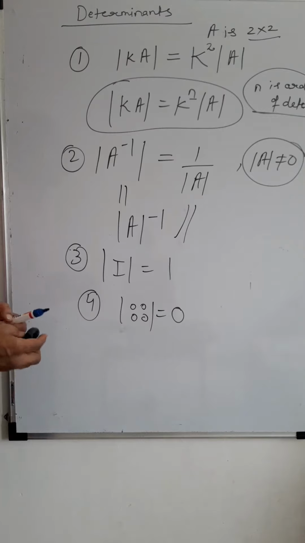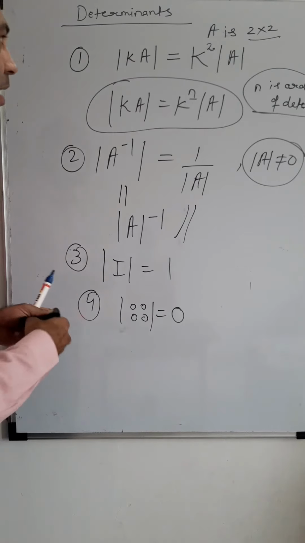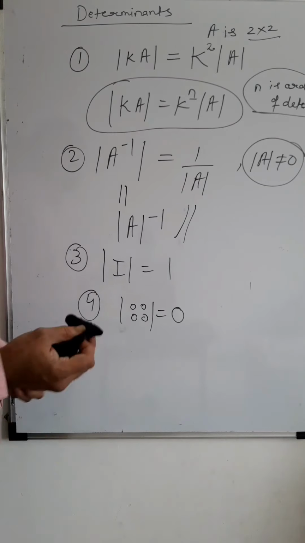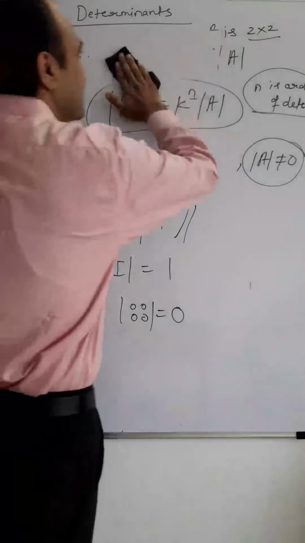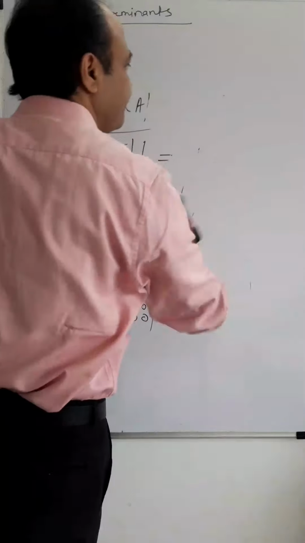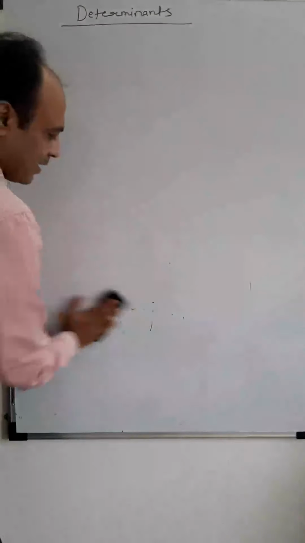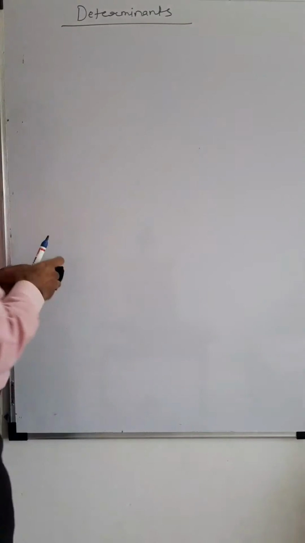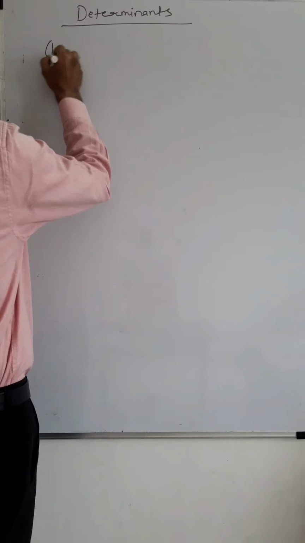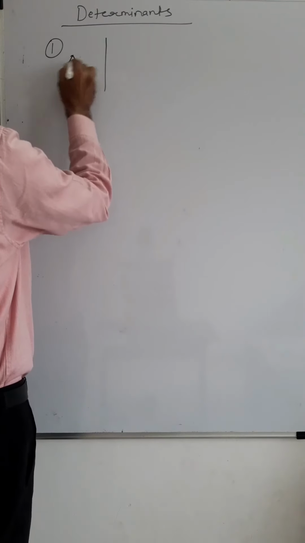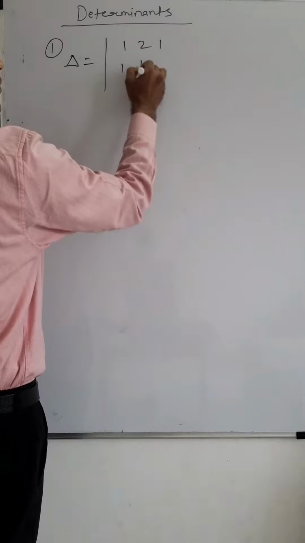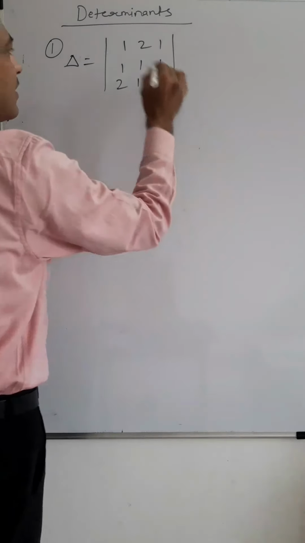Now we'll go to the operations on determinants, and that is also known as properties as well. Look at this. Operations on determinants, like the first property, let's say 1 2 1, 1 1 1, 2 1 minus 1, correct?